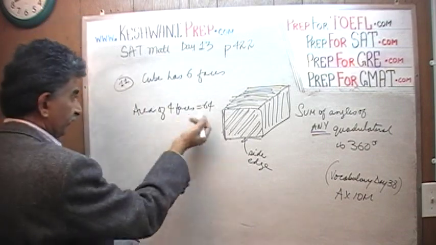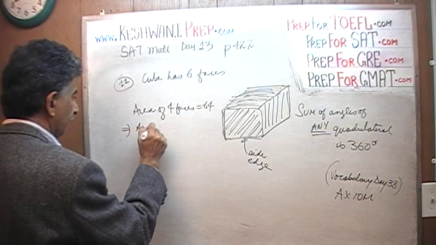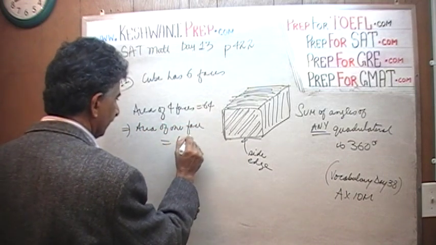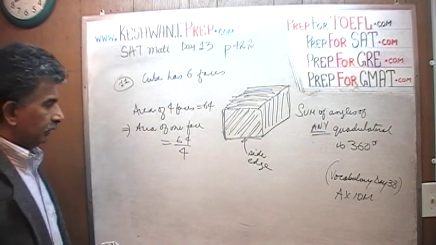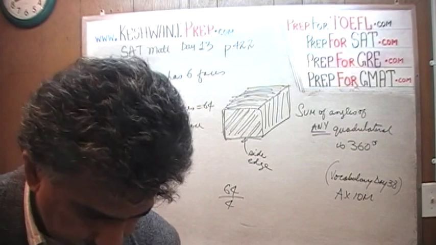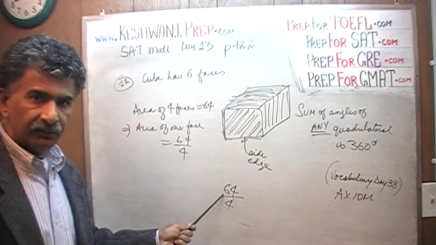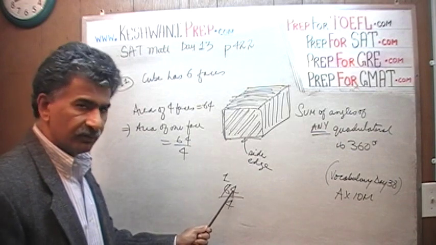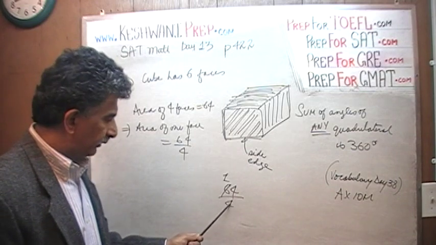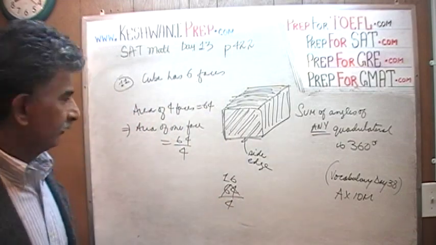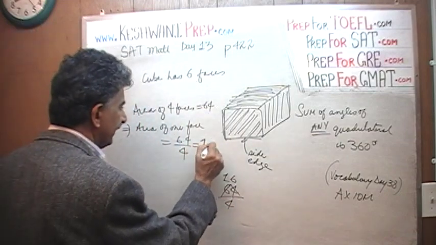If 4 of them are 64, that implies that the area of one face must equal 64 over 4. 64 divided by 4 is 16, of course, because 16 times 4 is 64. That's the area of one face.